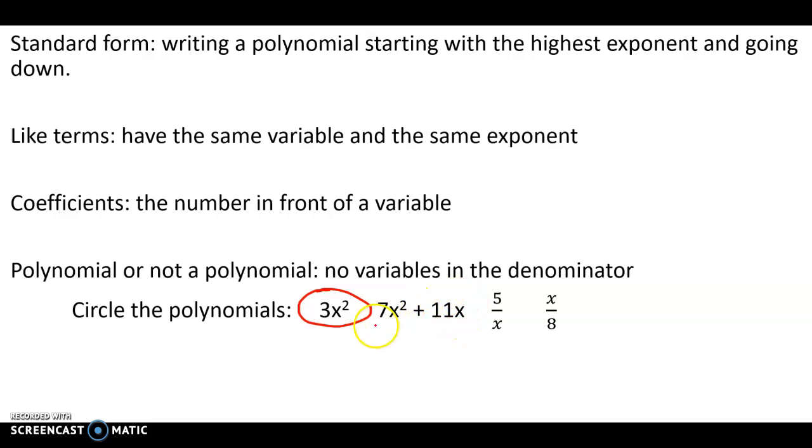In fact, it is a binomial because it has the two terms. Does this qualify as a polynomial? No, it doesn't. Why? Because there is a variable in the denominator. Now, this looks very similar. Is it a polynomial? Yes, it is. It's okay to have a variable in the numerator, but it's not okay to have one in the denominator.